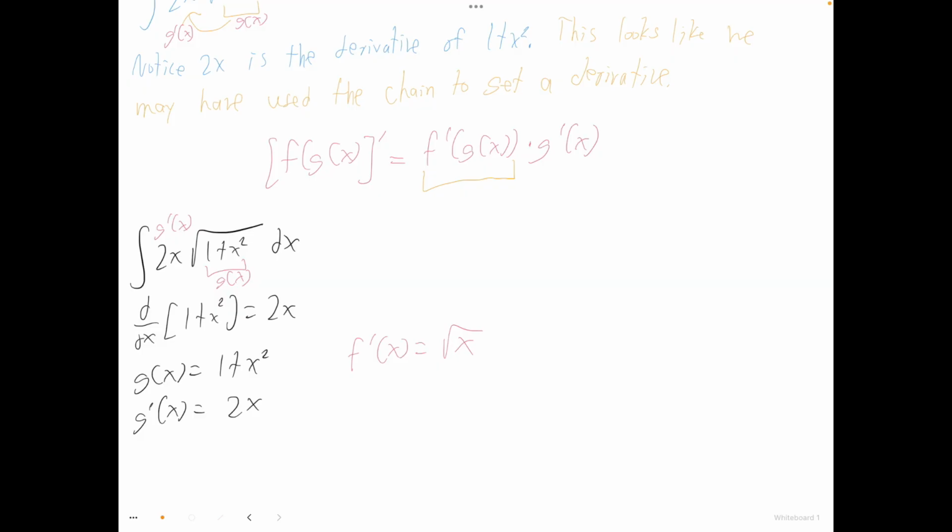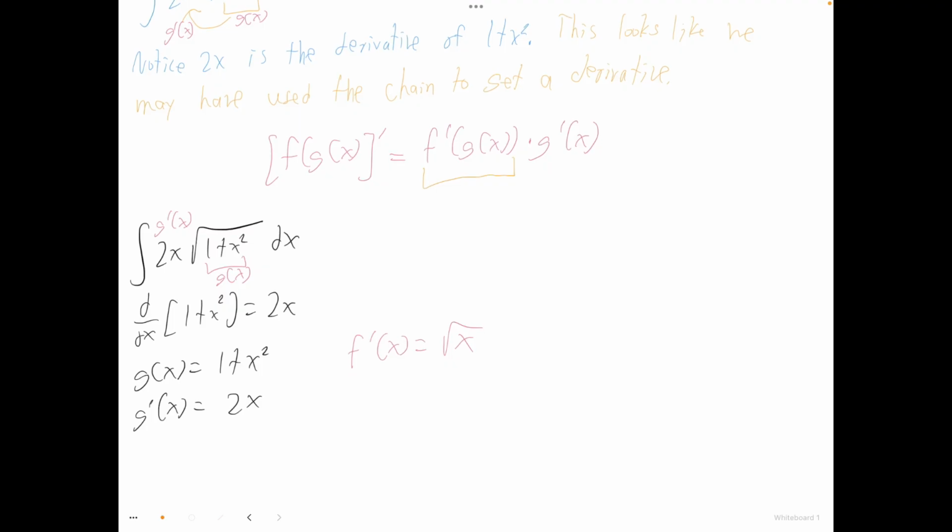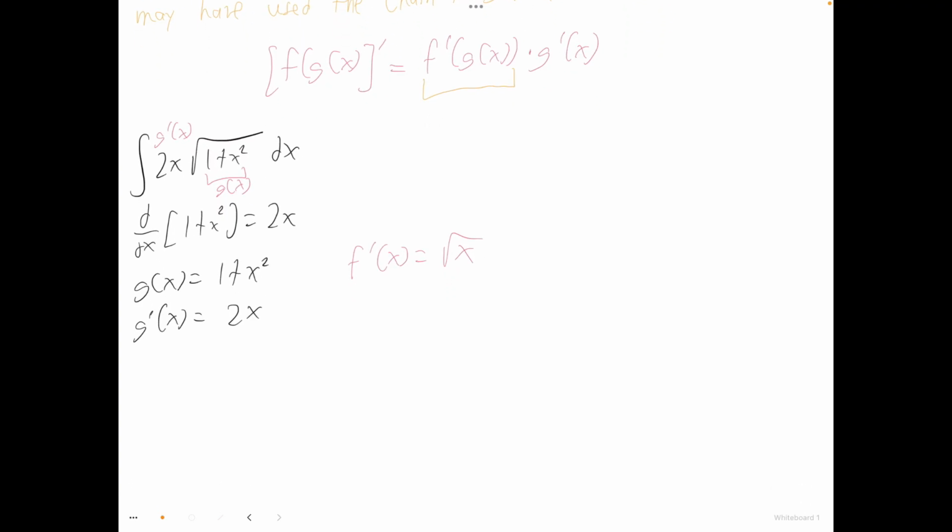So we need to know, what is f? We need a function whose derivative is the square root of x. The square root of x is x to the 1/2, so f of x is the antiderivative of x to the 1/2. Using the power rule, that's x to the 3/2 over 3/2, or 2/3 x to the 3/2. Now this is a function whose derivative is the square root of x.